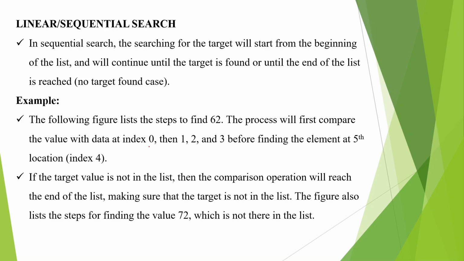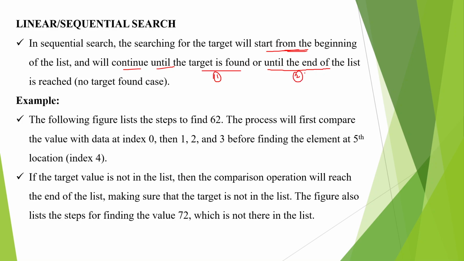See here how we are starting the search operation from the beginning of the list. We continue this operation until the target is found. This is the first case of termination. If the target is found, there only the algorithm will stop. And in case the target is not found, it stops when the end of the list is reached.